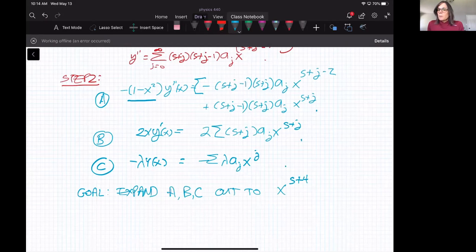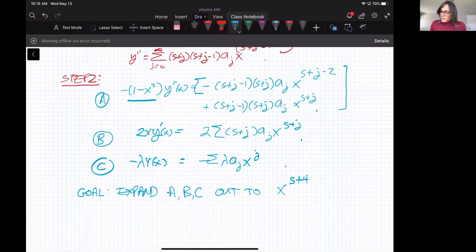That'll become obvious after we get to the indicial equation and start looking at the recursion relation. That means you're going to have to take a lot of terms up here, so make sure you have a lot of room in your scratch paper. And do that for each, for A, B, and C.